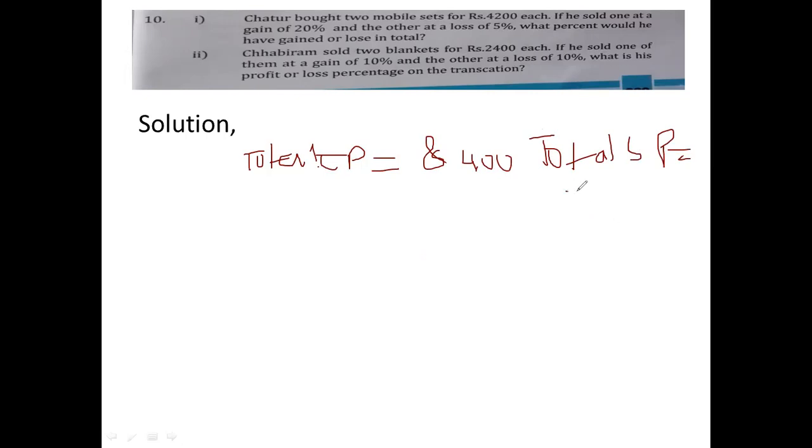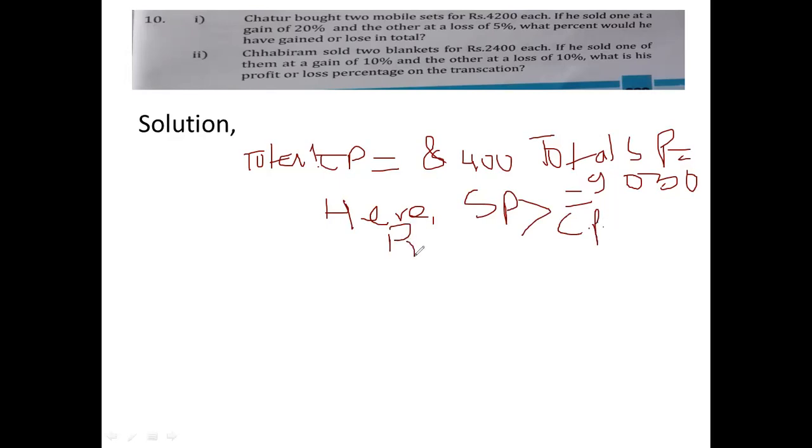It will come 9,030. By looking at the size, which is bigger, SP or CP? SP. Then it is a profit. If SP is bigger than CP, then we write that a profit is made.